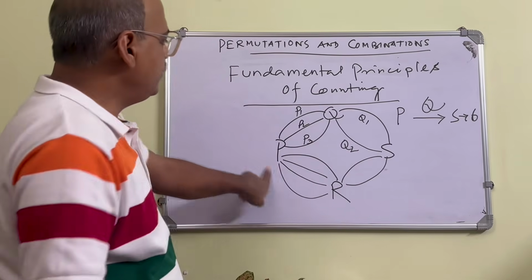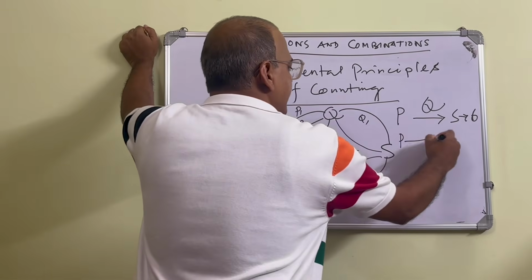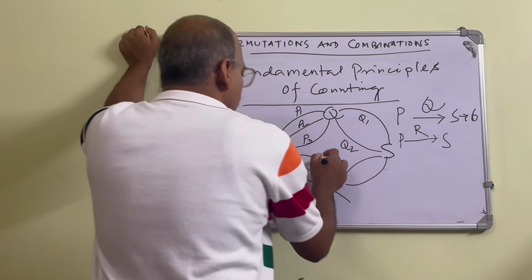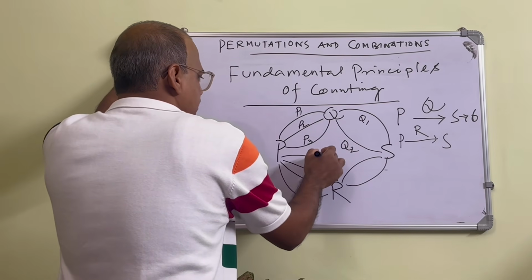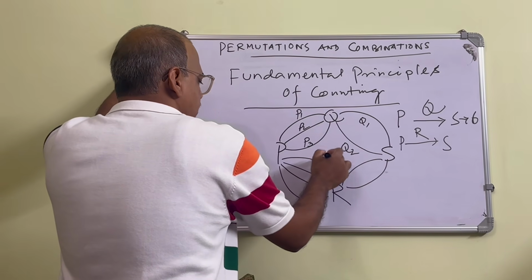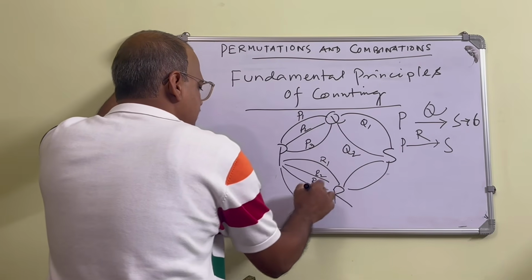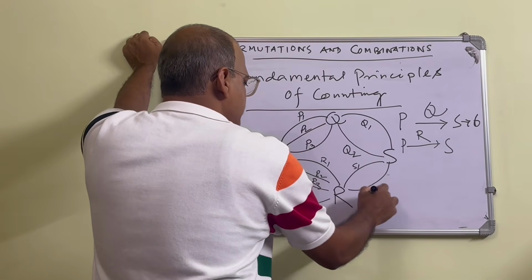Similarly, from P to S via R, let's say these are R1, R2, R3, R4, and these are S1, S2.